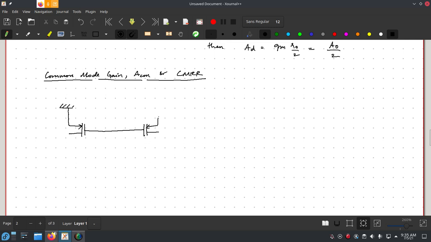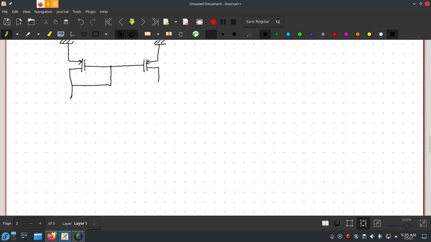This is Q4, this is going to ground. This one is RSS.